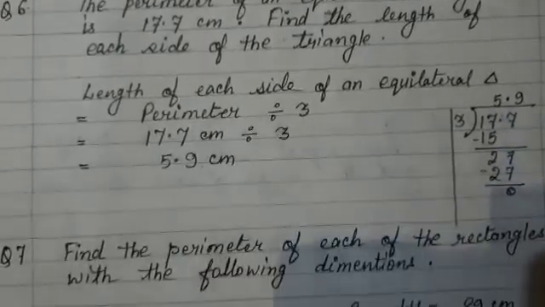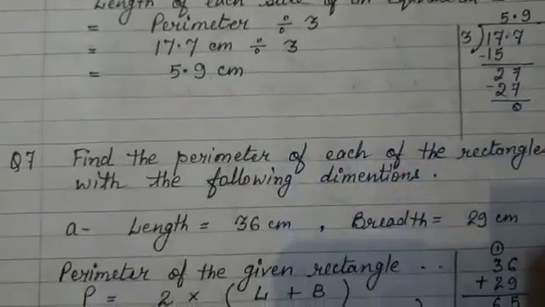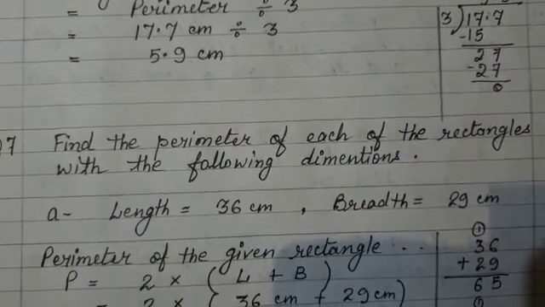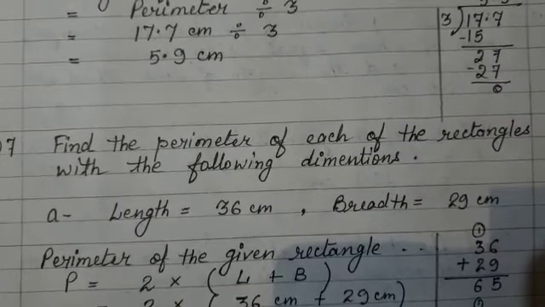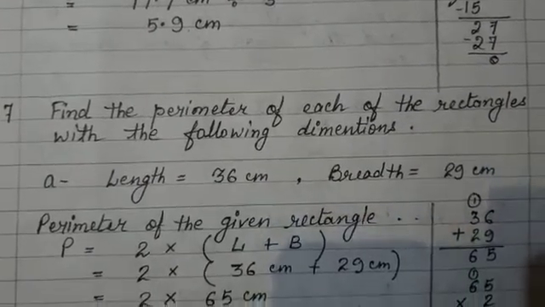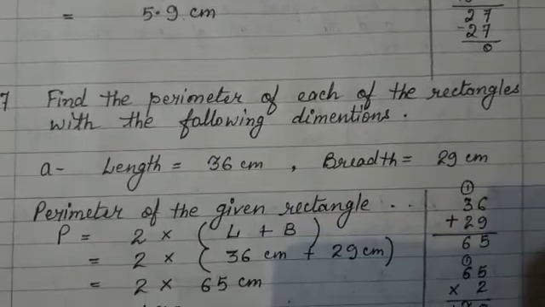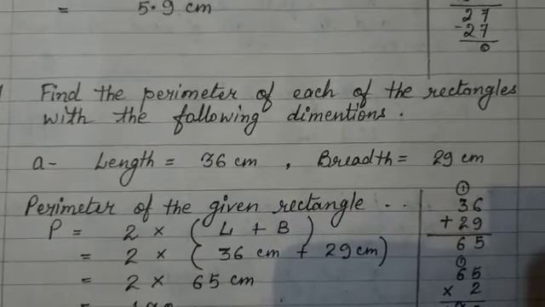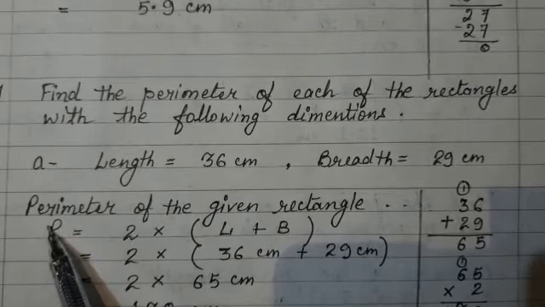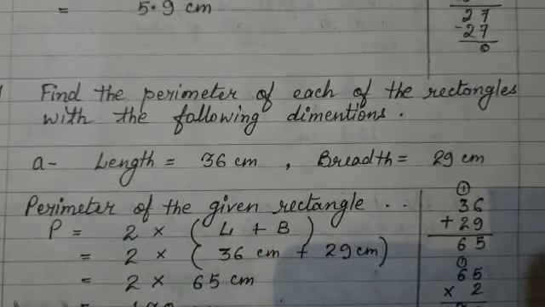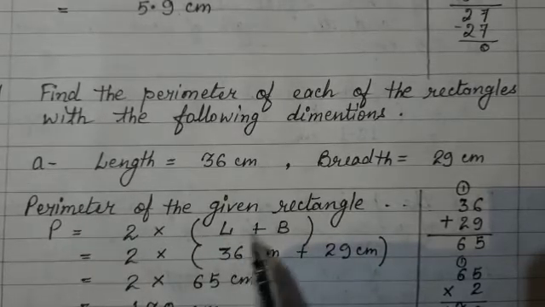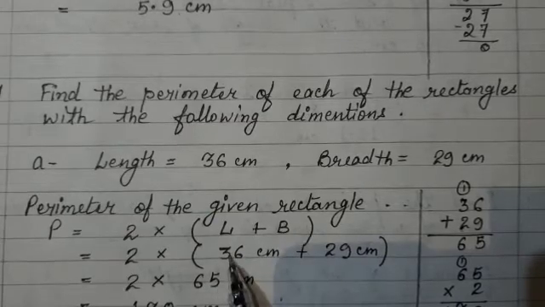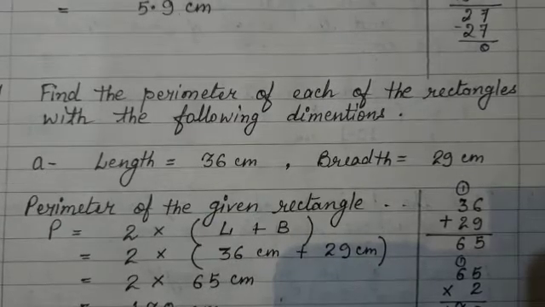Now see question number 7. Find the perimeter of each of the rectangles with the following dimensions. Here the length and breadth are given and you have to find the perimeter of the rectangle. Look here, the perimeter of the given rectangle is equal to 2 into (L plus B). L is given as 36 cm and breadth is given as 29 cm.